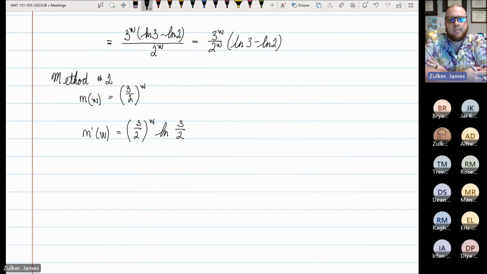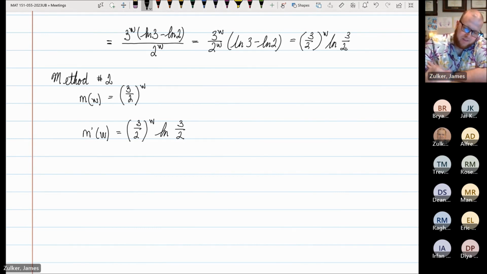Three to the w over two to the w is 3/2 to the w. Natural log of 3 minus natural log of 2 becomes natural log of 3 over 2.